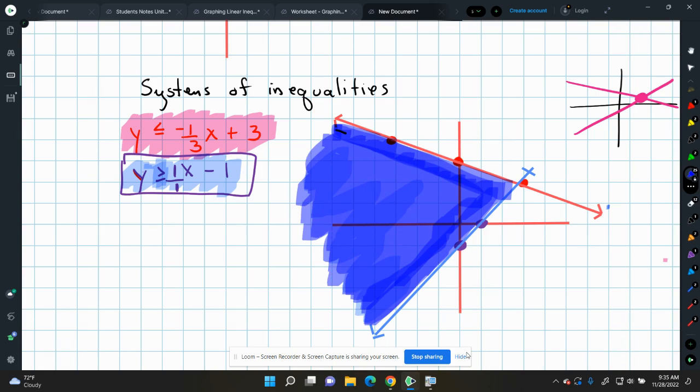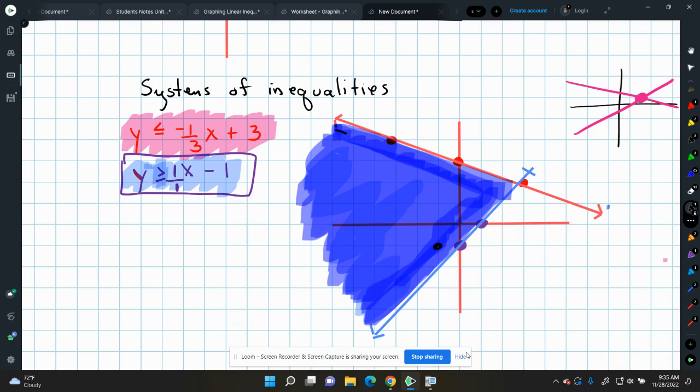So name a solution point. -1, -1. That works. -1, -2. I think it would, but again, that's one of those questionable ones.